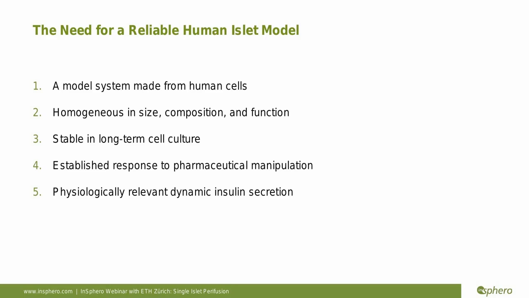We would want them to be stable in long-term cell culture in terms of functionality and viability. Of course, they should respond in an established way to pharmaceutical manipulation, and they should display physiologically relevant dynamic insulin secretion to be used successfully in single islet perifusion systems in vitro or ex vivo.